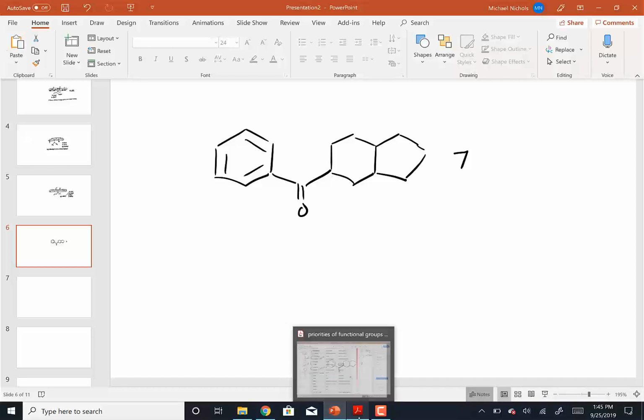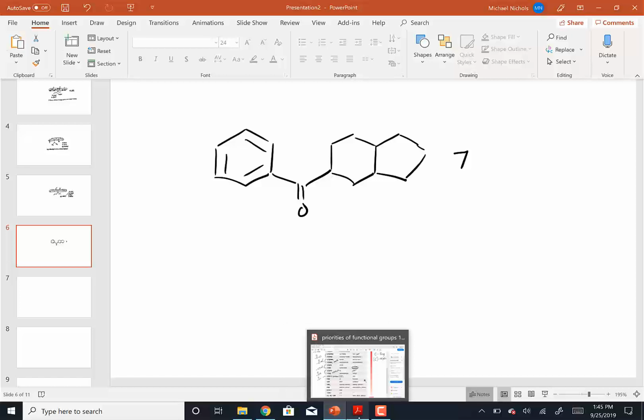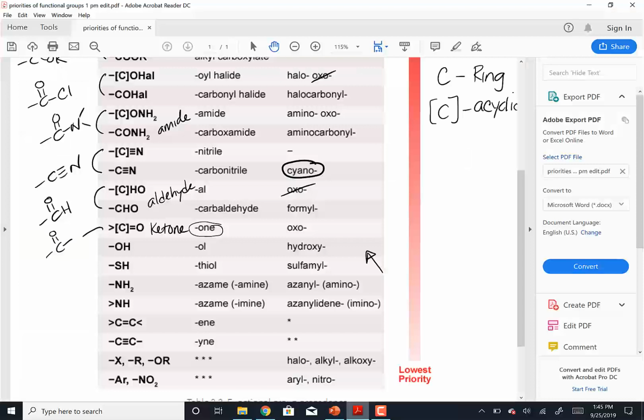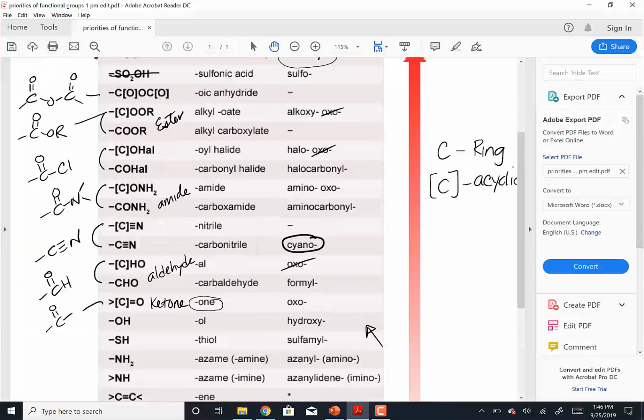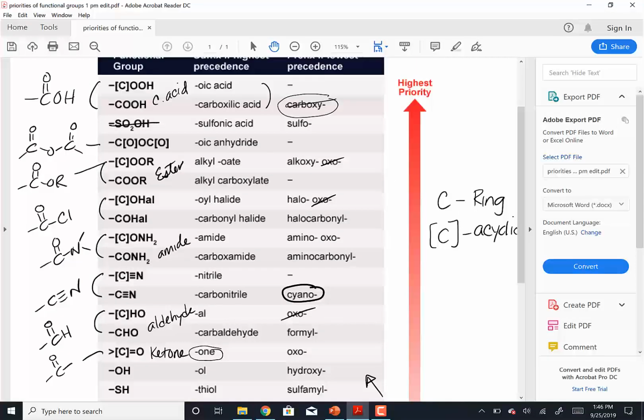So what I'm going to do is, I'm in the process of editing this table to make it something a little bit more presentable. It will have the structure, the name of that functional group, like C double bond OOH, carboxylic acid, as to what the functional group is.